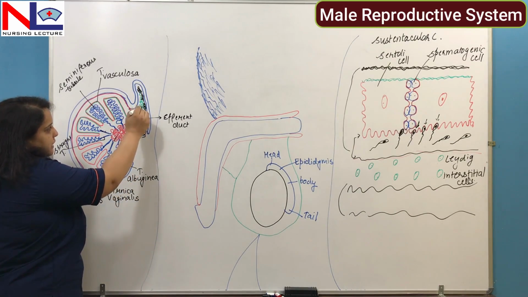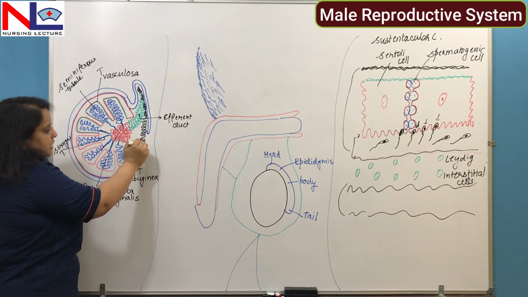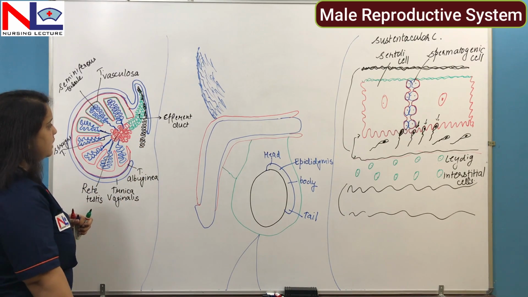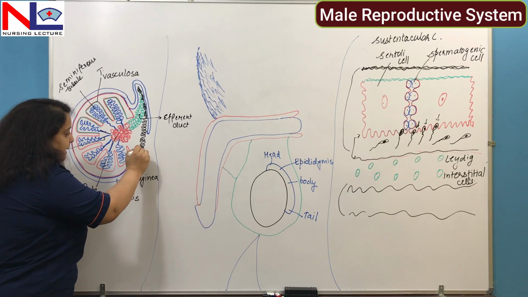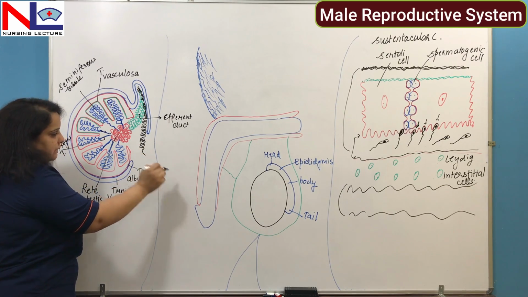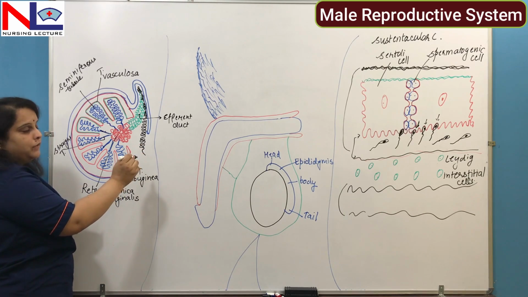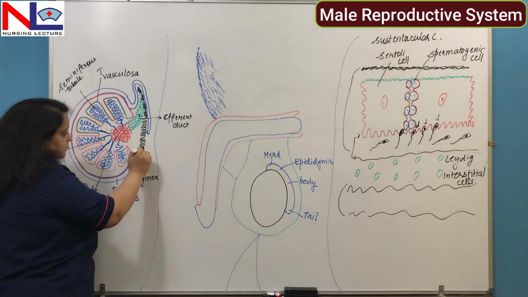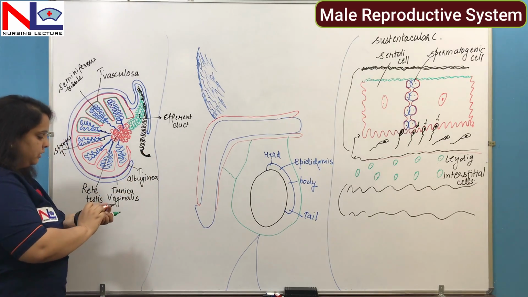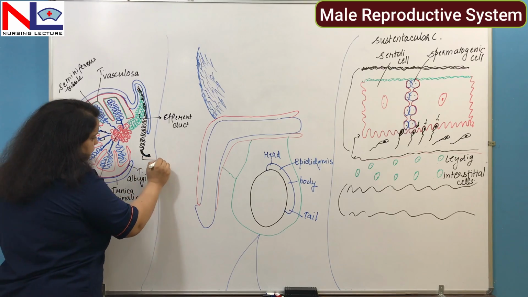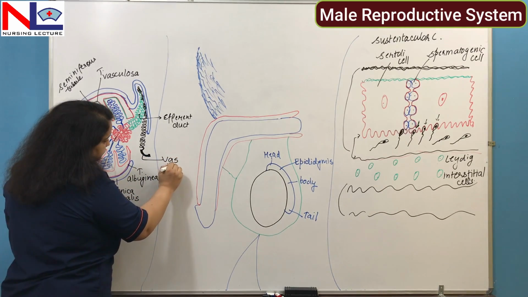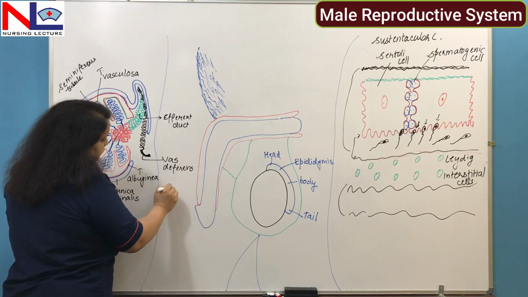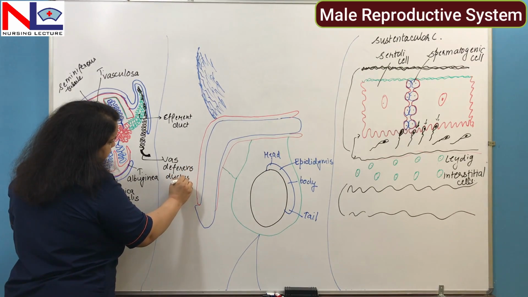The ductus epididymis forms a single convoluted, coiled tubule, and once it reaches the tail region, it becomes less convoluted and more wide, forming another tubule named the vas deferens, or ductus deferens.